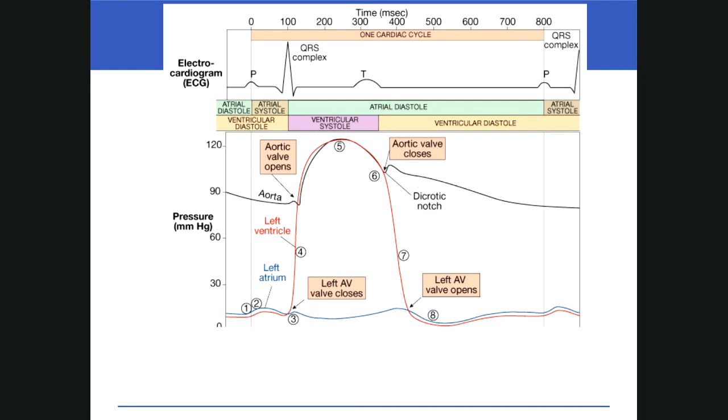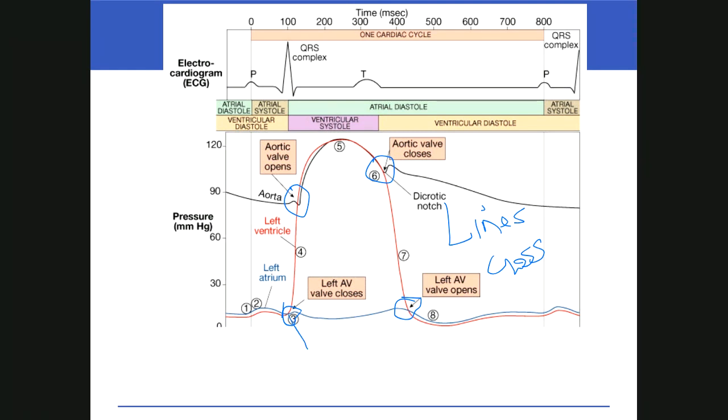And then we have these valves. And the valves open and close with pressure differentials. So where these lines cross, right where the lines cross, that's where the valves are going to open and close. So the lines crossed right there.